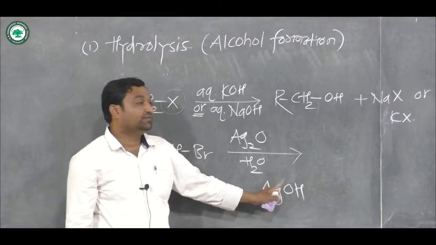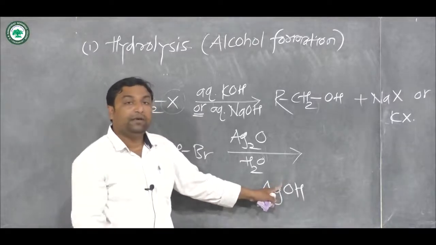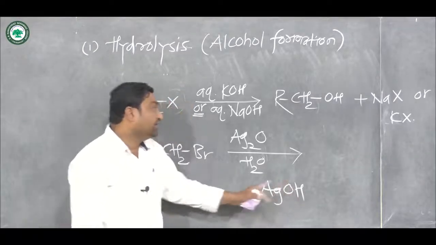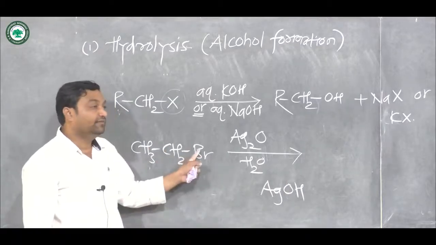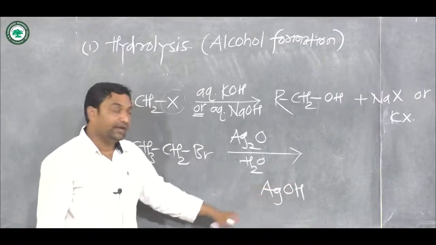This AgOH is a base or nucleophile which replaces the bromine atom of the alkyl halide by its OH negative.